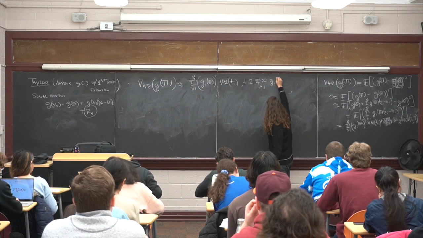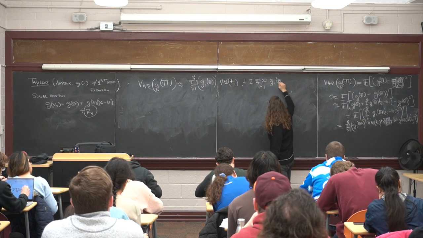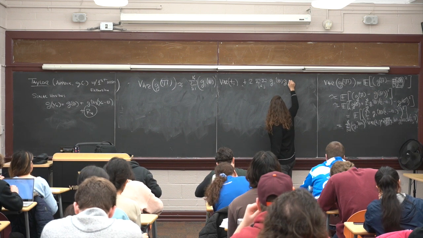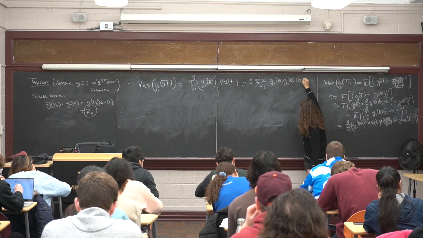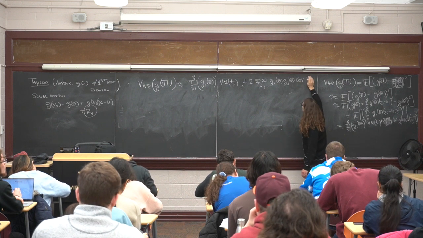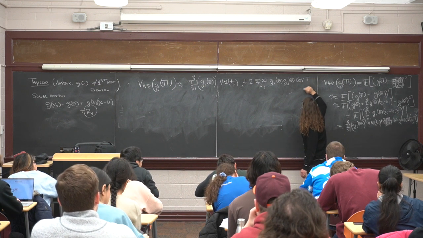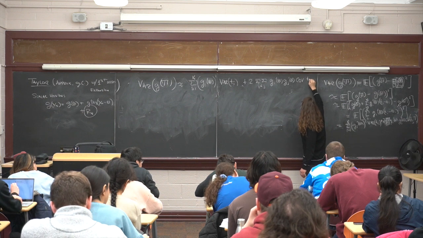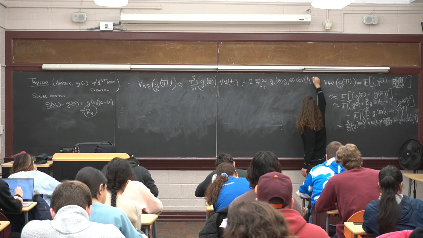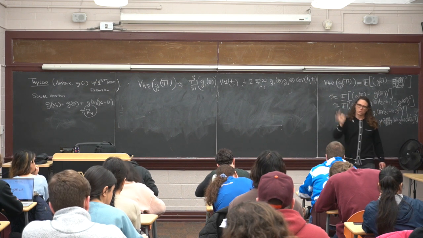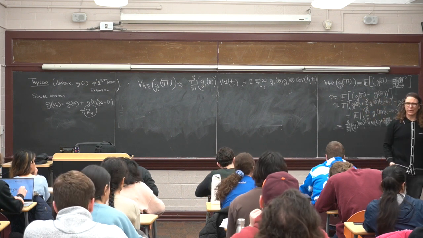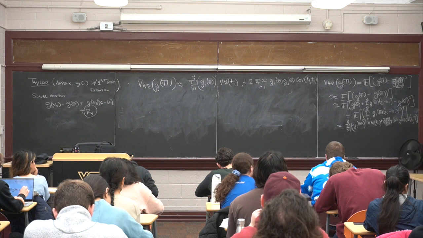So G_i prime theta, G_j prime theta times the covariance of T_i, T_j. And if you want to be really pedantic, you should make those capital, to talk about the random variable, because that's how you first expressed everything.